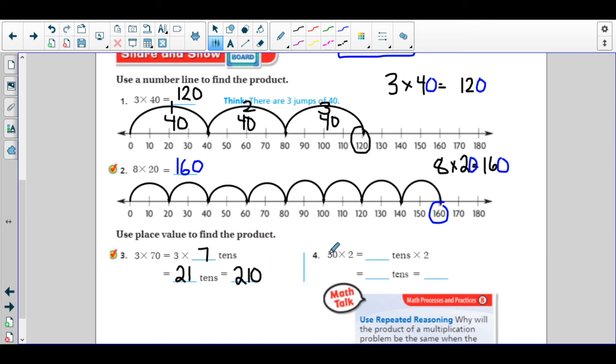And then 50 times 2 is equal to 5 groups of 10. All we're doing now is just switching these around. 5 groups of 10 times 2.